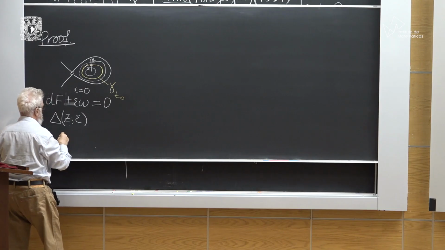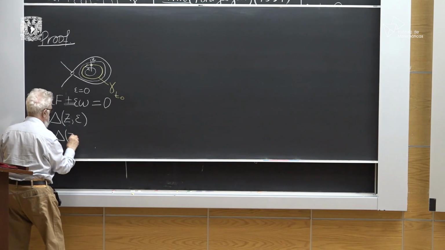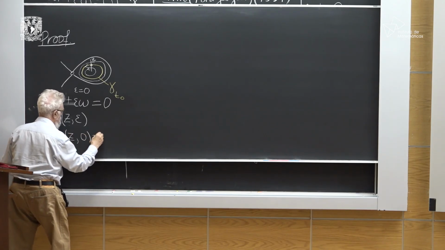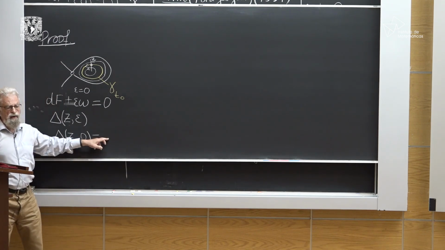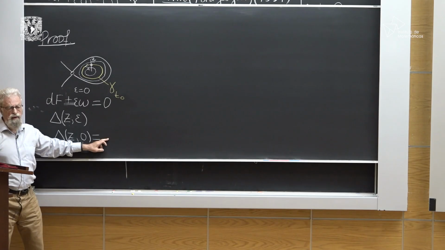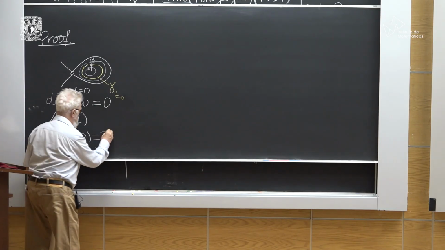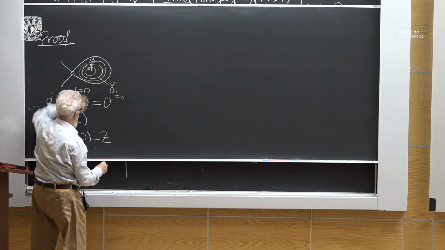For epsilon equal to 0, nothing interesting happens. What should I put here? Say it louder. Z. I come to the same spot.